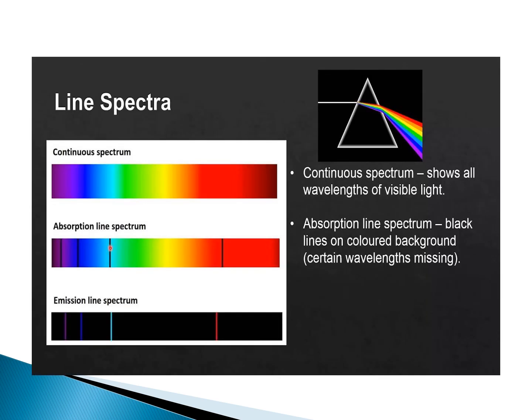You can see in the figure that a continuous spectrum shows all wavelengths of visible light, whereas an absorption line spectrum has black lines on a colored background.